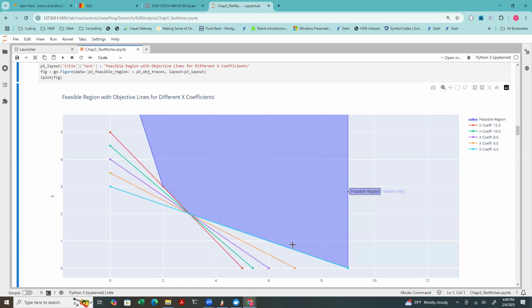But in all these cases, we are able to say that this same point, 3,2, is remaining the optimal solution for the problem there. Hence, we would say that the range for that x variable is from 4 to 12 inclusive, which is the range of optimality for that decision variable.